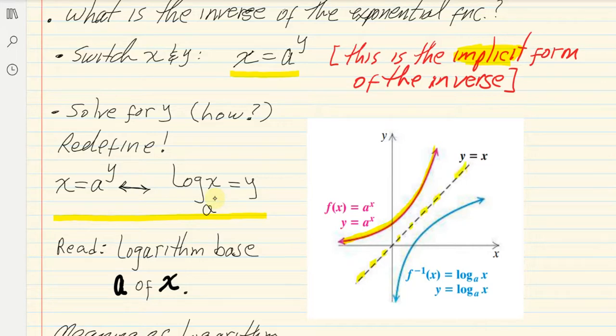So we can use reflections to get the graph of the inverse. For example, the reflection of this point about this line is going to be right in here. The reflection of this point is going to be about here.